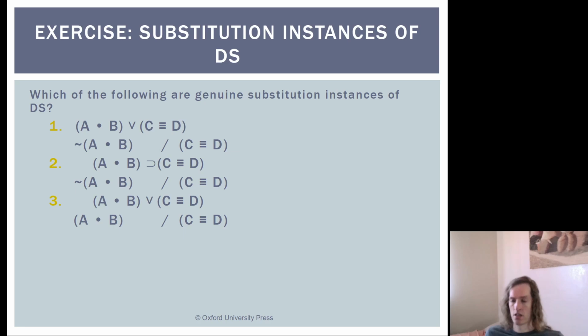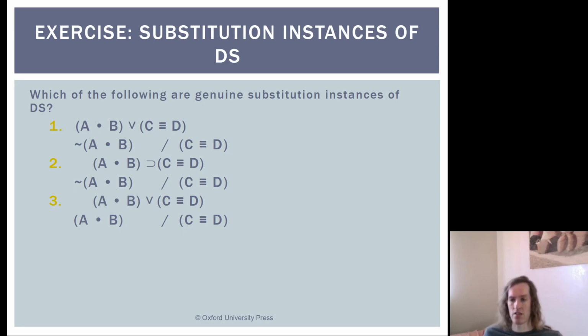All right, number 3. We know that either A and B or C if and only if D. We know that A and B, therefore C if and only if D. Now this doesn't work either, because, first of all, we're using an inclusive disjunction, which makes it possible for C if and only if D to be true at the same time as A and B is true.